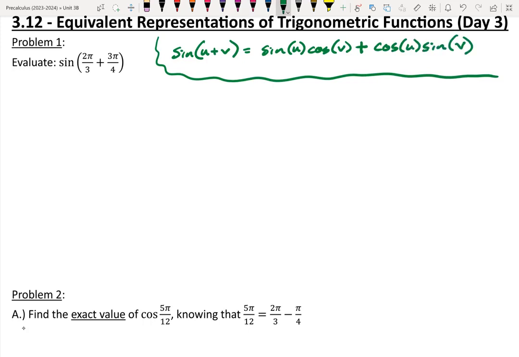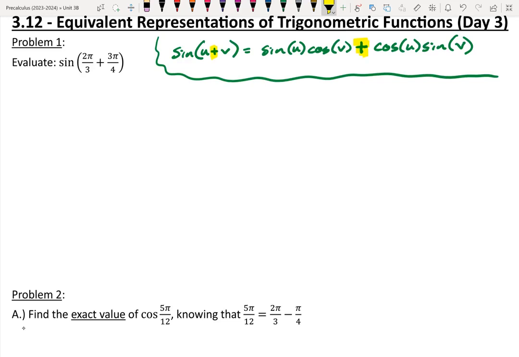Now, I want us to pay attention. So sine here, we are adding inside of the sine, and then we are adding as part of the formula. So that matches. And if you look at the sine of u minus v, the subtraction, we would also have a subtraction inside.